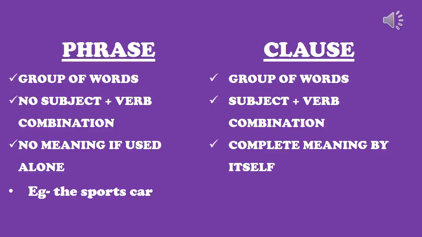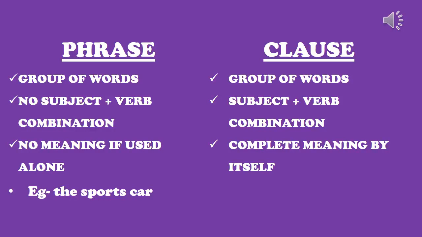For you to understand an example of a phrase, an example is the sports car. This is just a phrase which has no subject verb combination. So, what is the focus in the phrase? The focus is the sports car. Now, is there any verb in this sentence? An action word? No, not at all. So, this is just a group of words that has a subject but no verb.